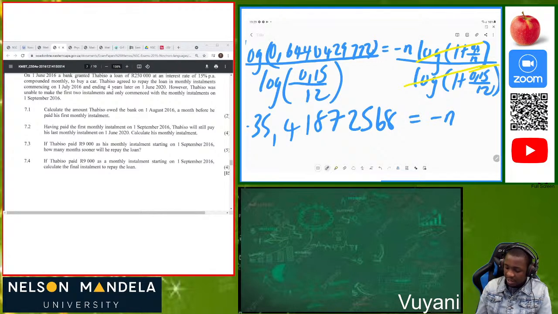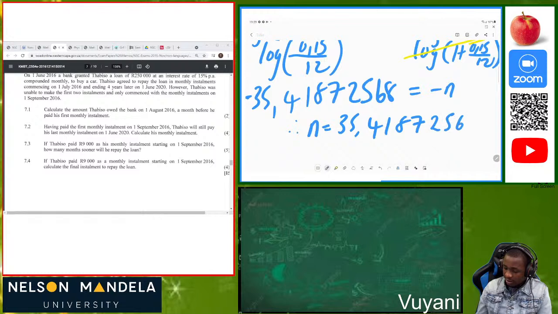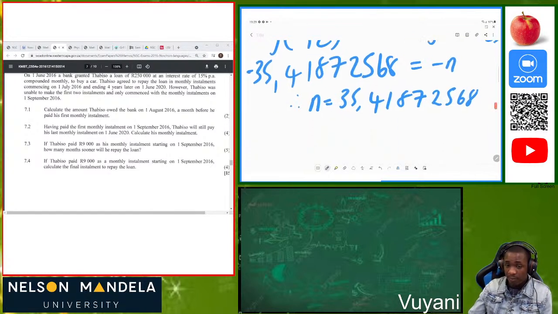Dividing both sides by negative, we end up having positive n, which is equal to 35.41872568. You see, I didn't round off.